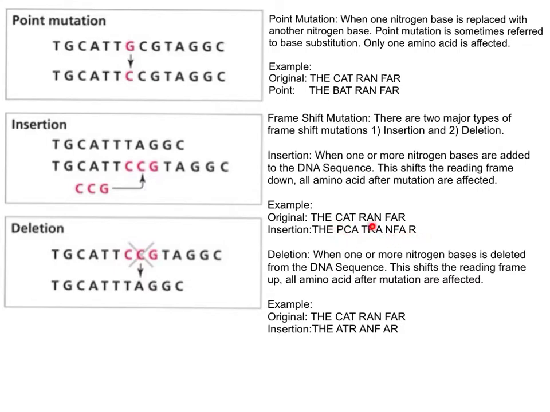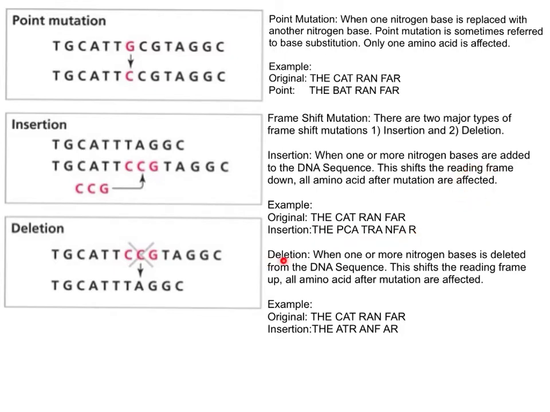So that means that 1, 2, 3, 4, all the ones continuing down, all of those amino acids would be affected, meaning that we would have a mutation in the entire sequence. So the amino acids before the insertion are okay. All the amino acids after are the ones that are affected.